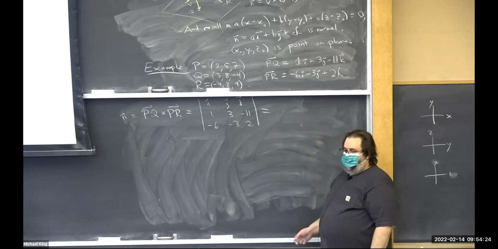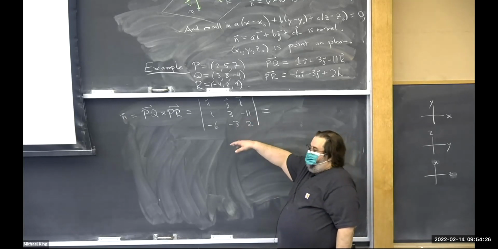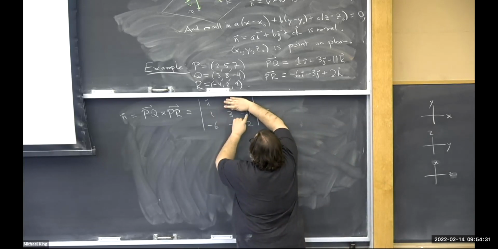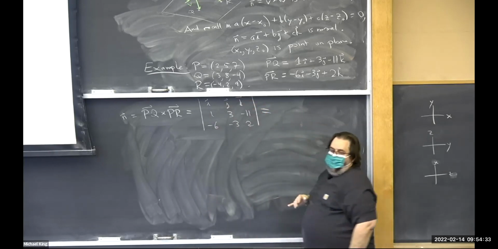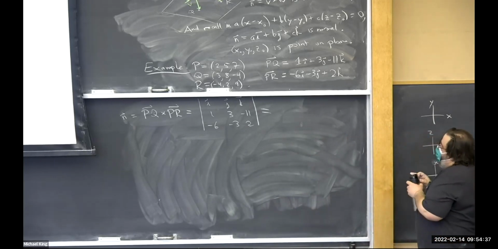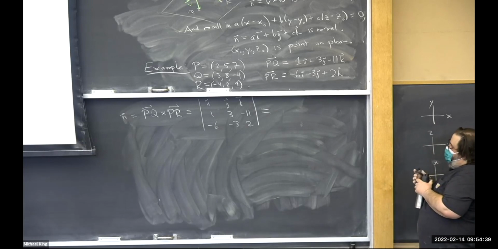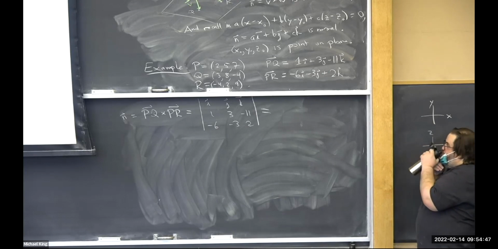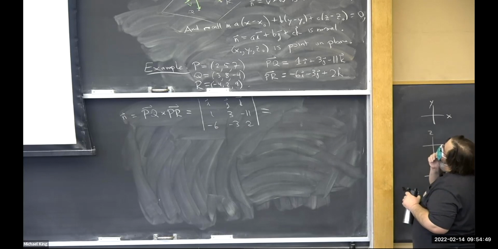If you get good at this, you can start doing it just from this. If you start to remember, oh, for the i component, I need to cover these up and do this 2x2 determinant. Ooh, good numbers here. So hopefully I copied this correctly.